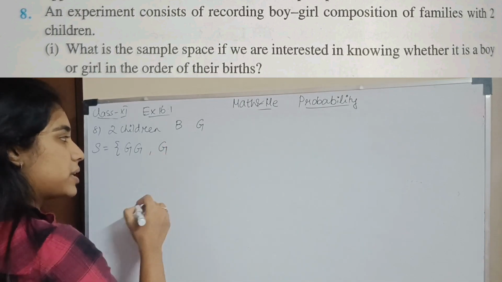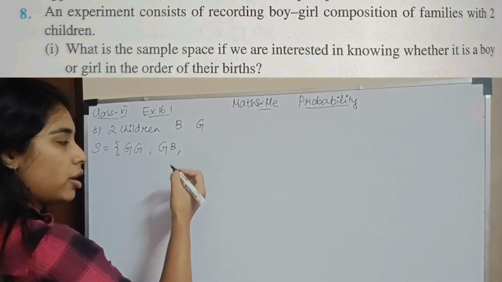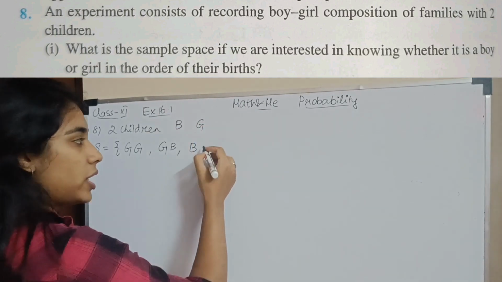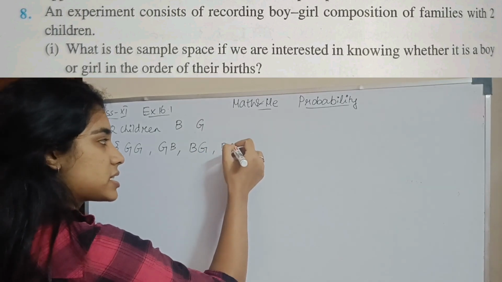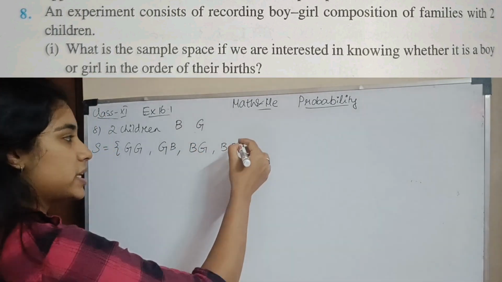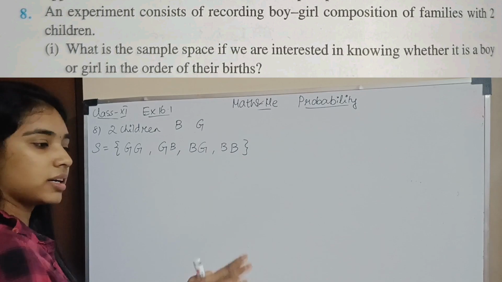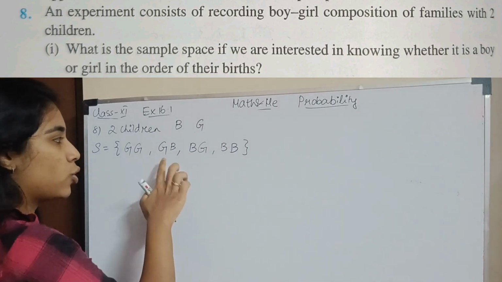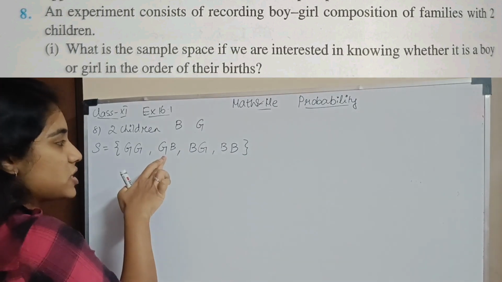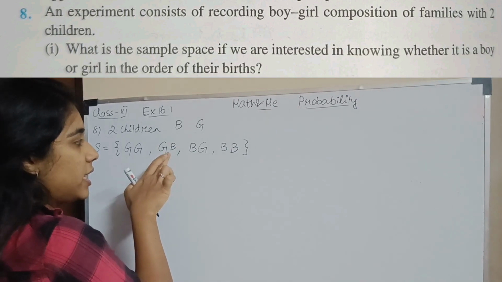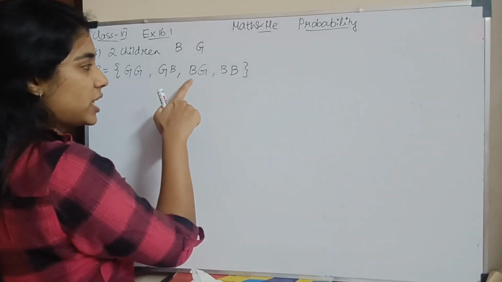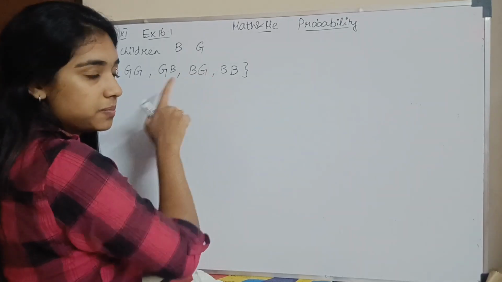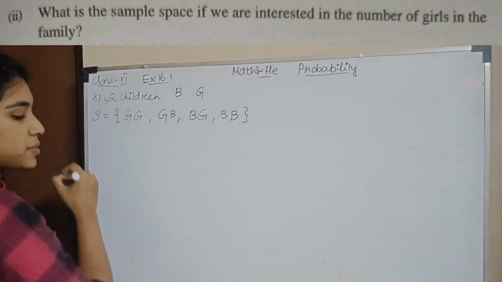The first a girl and the second a boy. The first a boy and the second a girl. First boy, second boy. So this is my sample space. Both girls, both boys, or one girl and one boy, but which is the first child? So this is the first subsection.